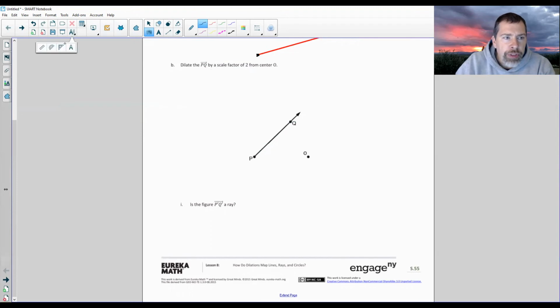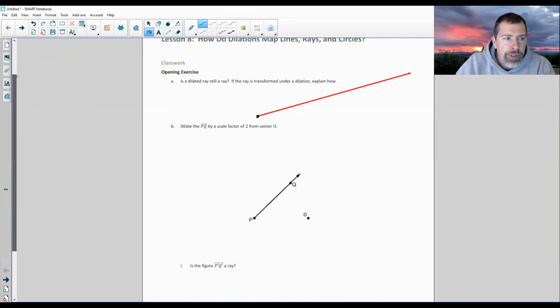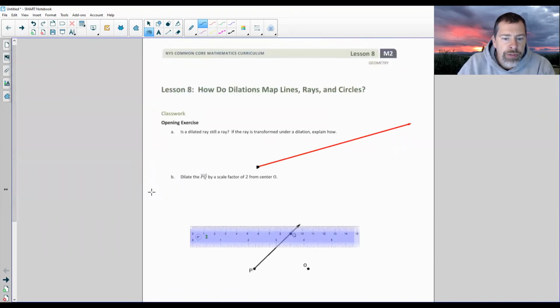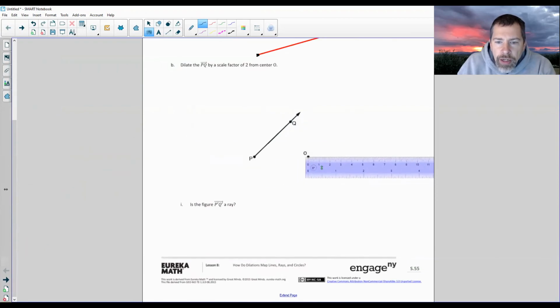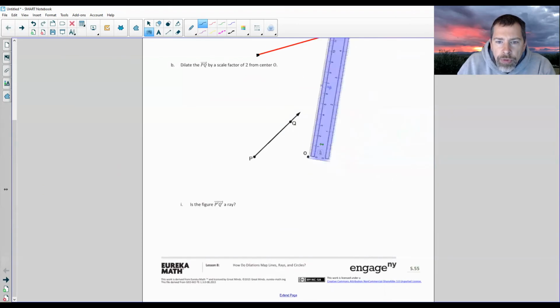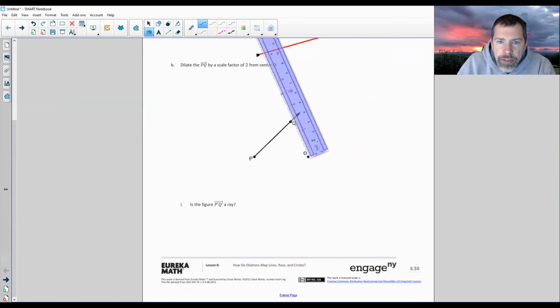The first thing I would do is get my ruler, put it right on O, rotate, and draw a ray, trying to be real accurate here.